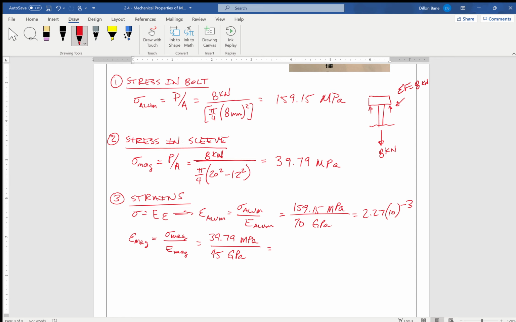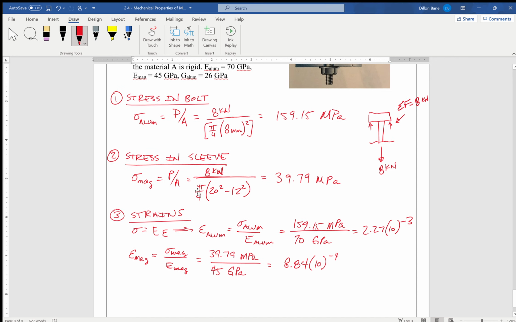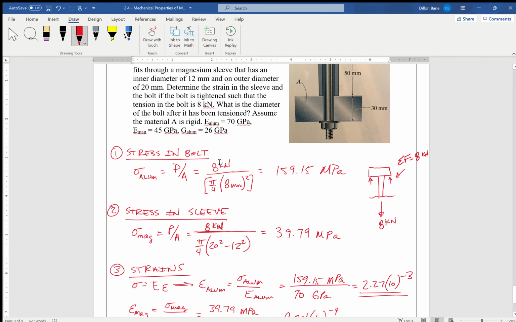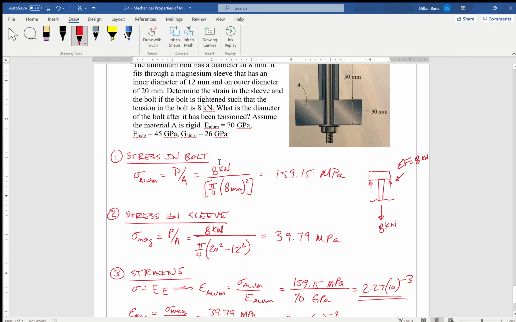And when you run that out, again, pay attention to your units. What we get is 8.84 times 10 to the negative 4. All right, so that is the answer to the first part of the question where it wanted to know the strain in the sleeve and the bolt.